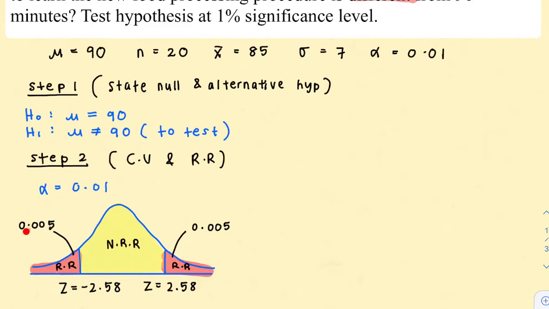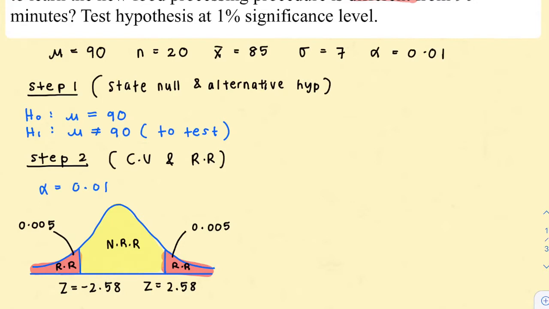So your rejection region is at your left side and also right side, and in the middle is your non-rejection region. What is the value of the rejection region? It will be based on this value alpha 0.01. Then you have to divide by 2 because you have 2 rejection regions. Then the left side will be 0.05 and the right side will be 0.05 also.